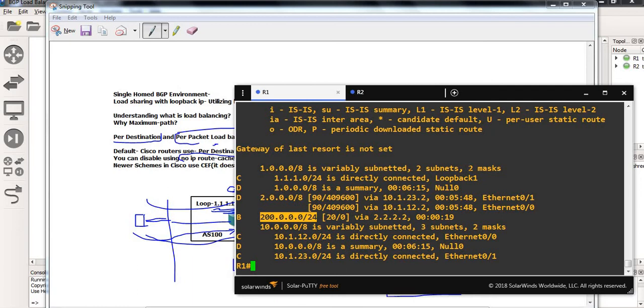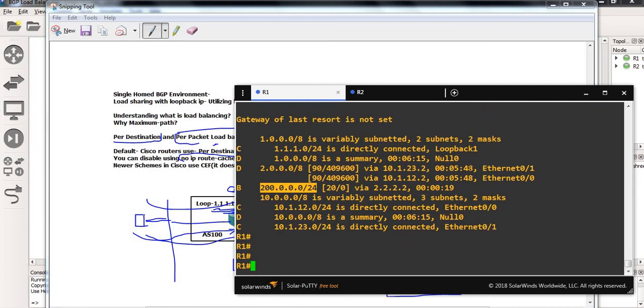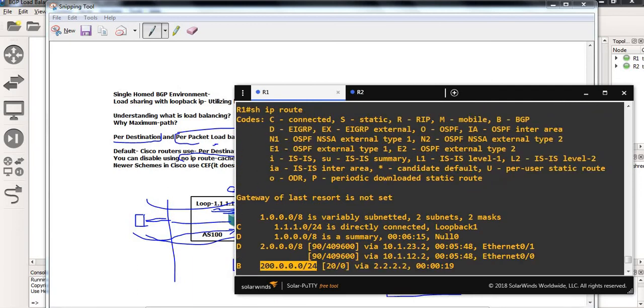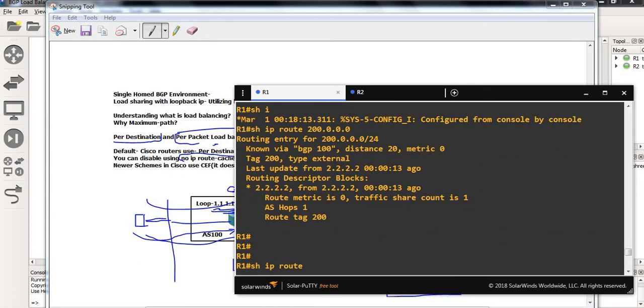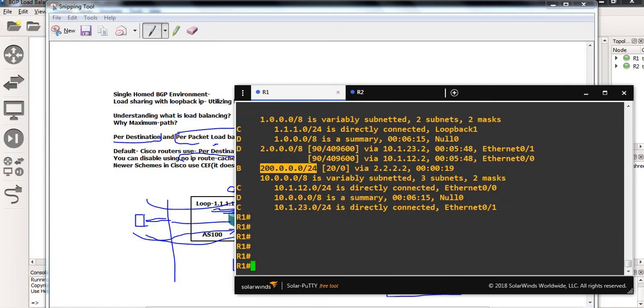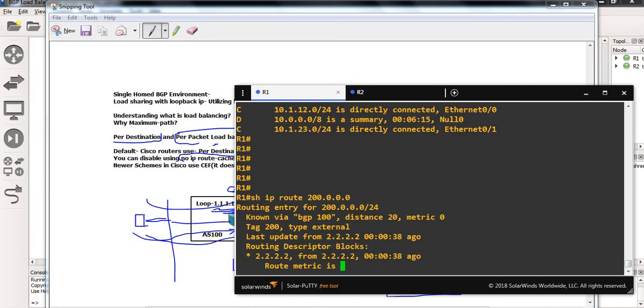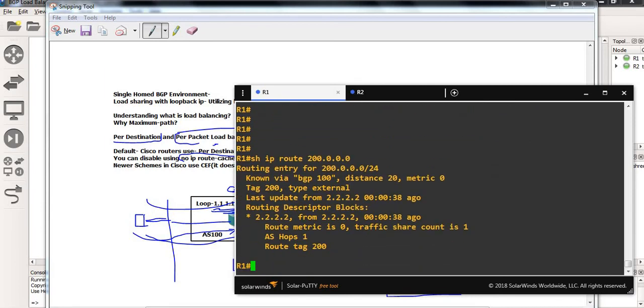So when you do show IP route 200.0.0.0, to reach this 200 network, it is showing that the route is learned from 2.2.2.2. So 2.2.2.2 is nothing but the loopback IP address of router 2.